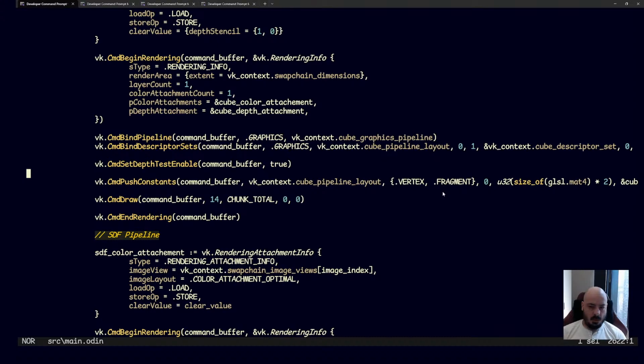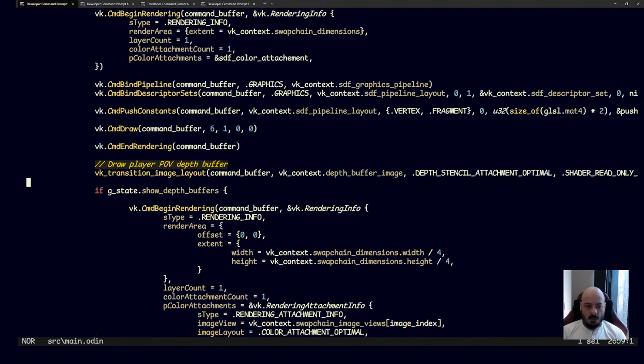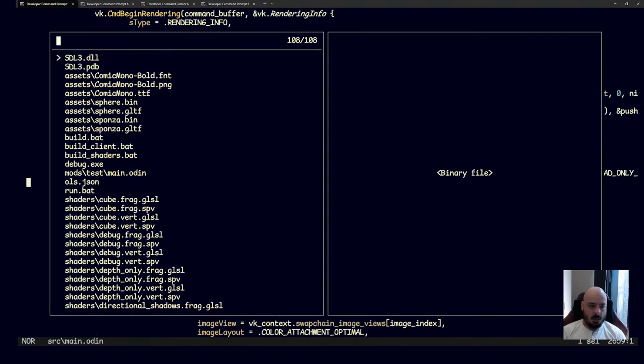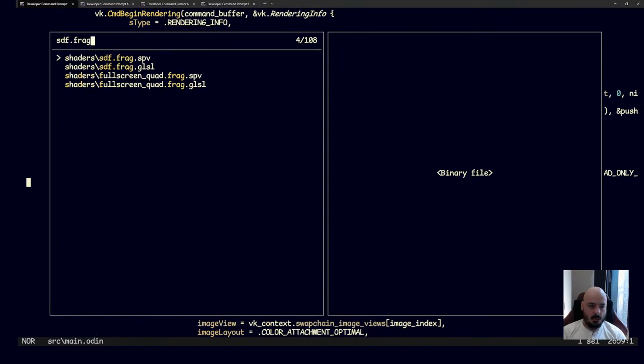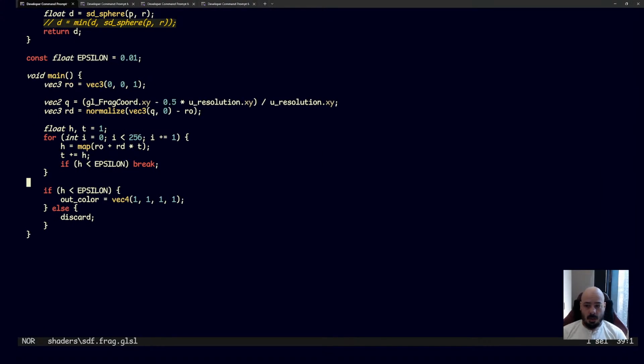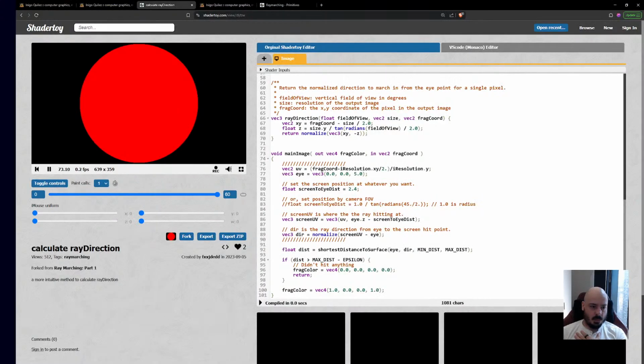I mean, it's just a renderer, basically. There's not really much going on. So, we actually don't need to be in this file at all. We can just go to the SDF fragment shader. Now in here we need to do something to make spheres look like spheres.